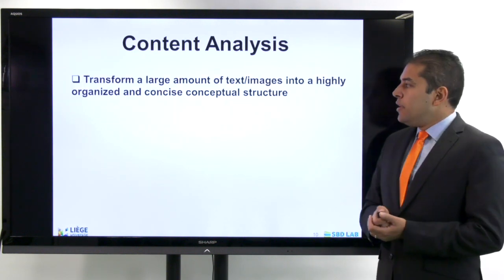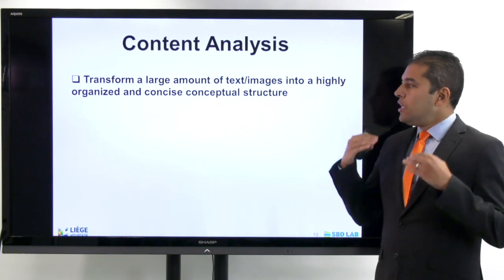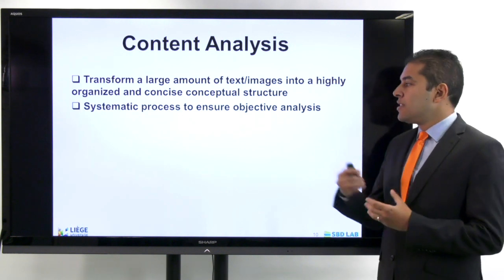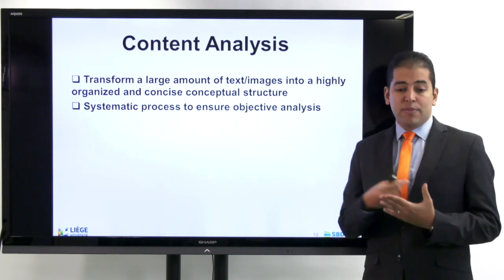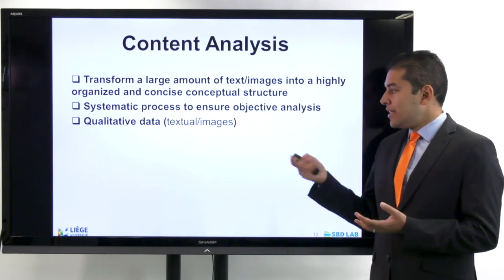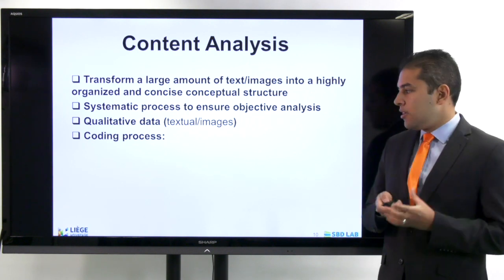Content analysis is simply looking at transforming a large amount of text or images into a highly organized and concise conceptual structure. We try here to have a systematic process to ensure objective analysis, and we do qualitative data treatment for text or images, and we start with looking at a process called coding.